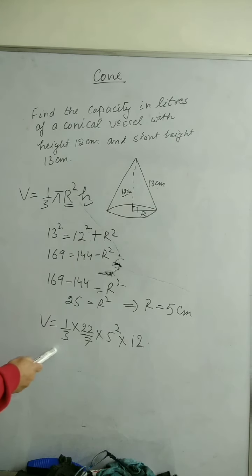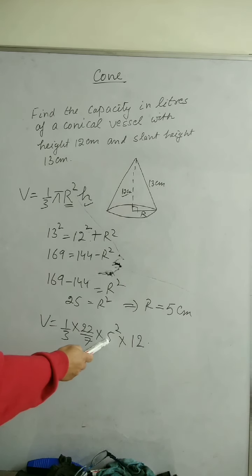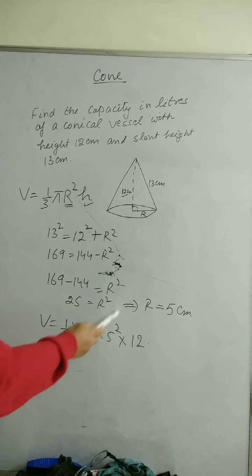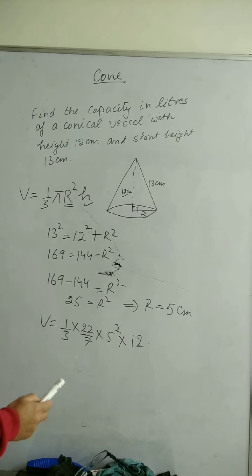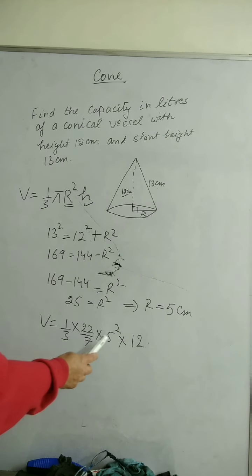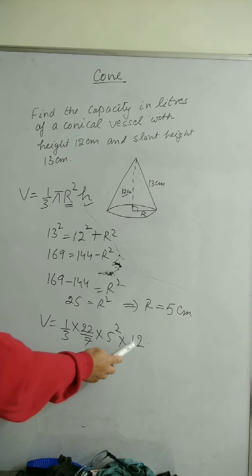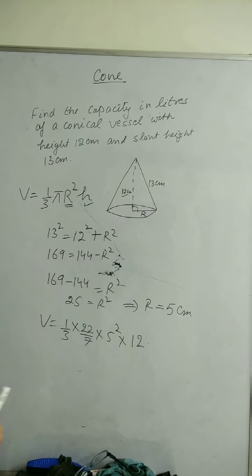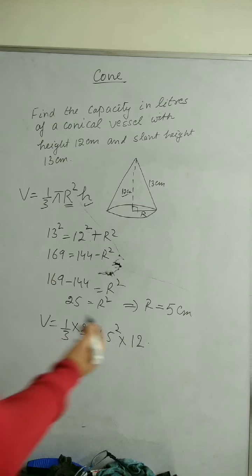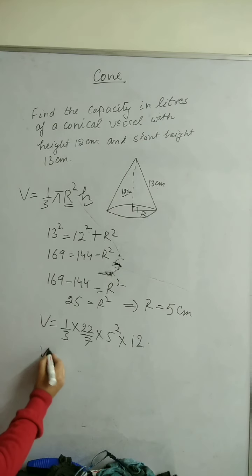So it is 1 upon 3, pi is 22 upon 7, radius is 5 centimeters so 5 into 5, and the height is 12 centimeters.